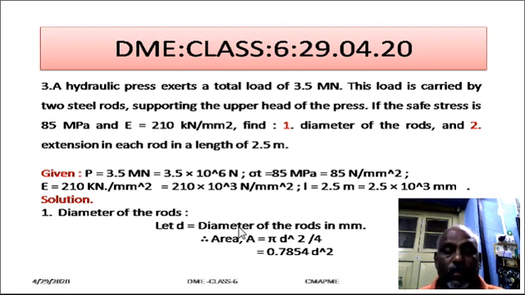Now first we calculate the diameter of the rod. The diameter of the rod is represented by small d. The cross-sectional area of the rod is equal to pi d square divided by 4. If we substitute the value for pi, we get the area equal to 0.7854 into d to the power 2.